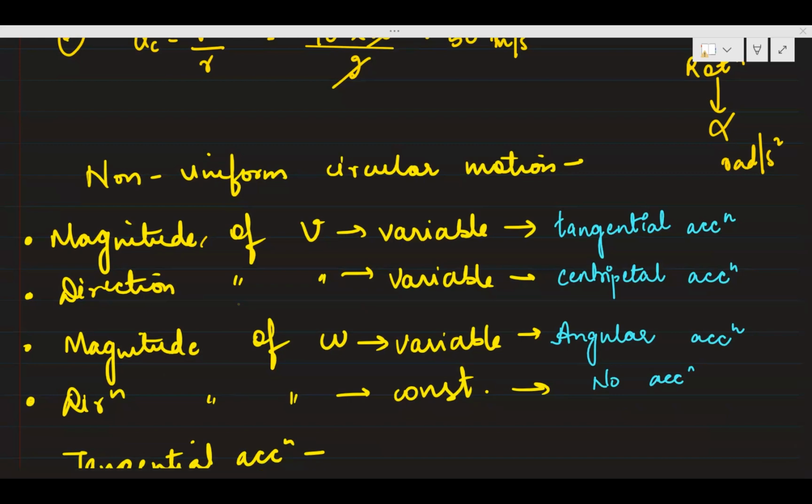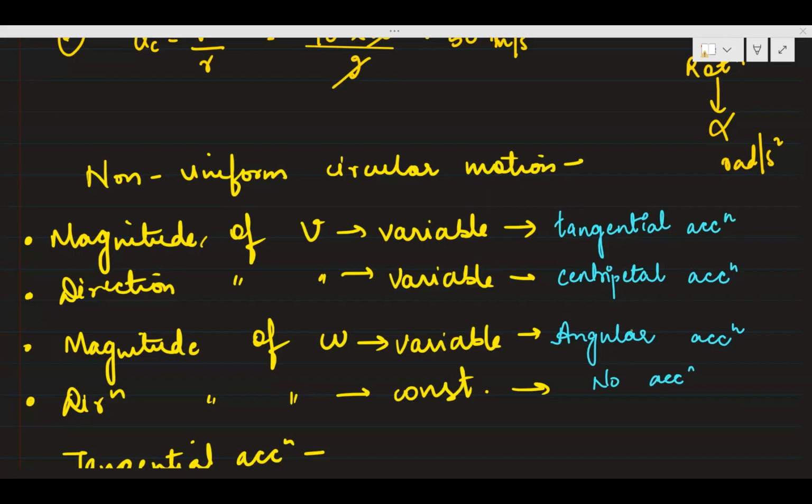See, for the non-uniform circular motion, non-uniform means if the magnitude of the linear velocity is variable, you get tangential acceleration. If the direction of the linear velocity is variable, you get centripetal acceleration. If the magnitude of the angular velocity is variable, you will get angular acceleration, alpha, that we've already studied in the last class.